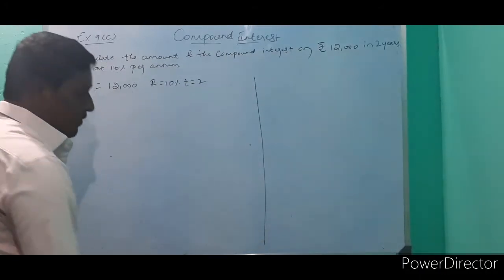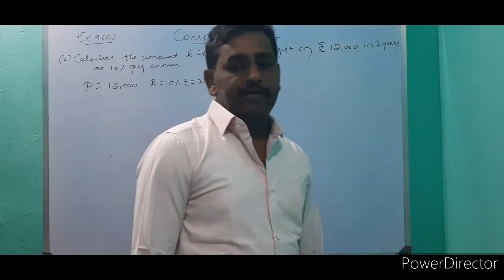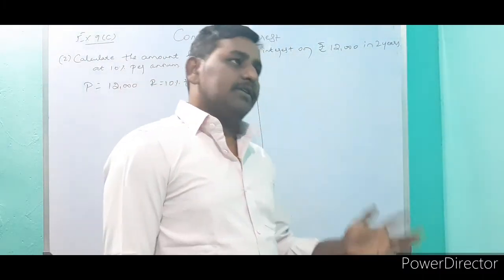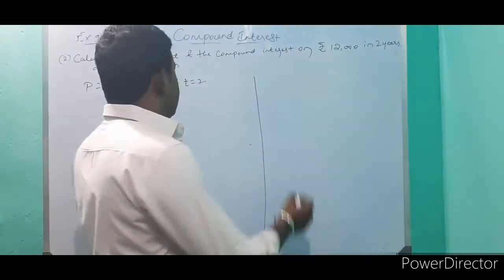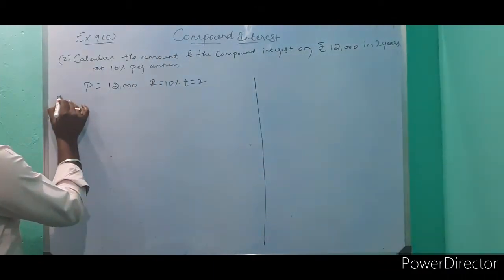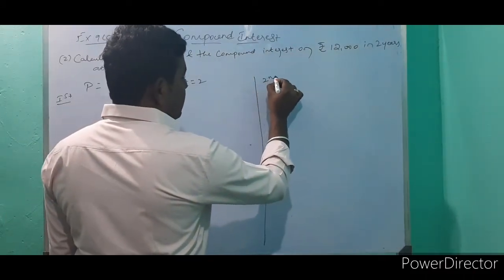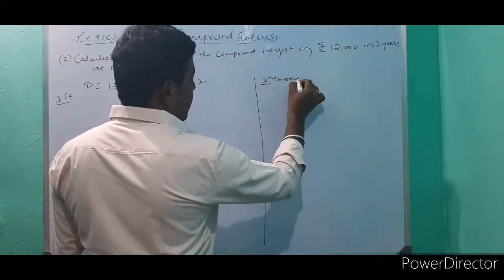For this problem, I am using the direct method without using the direct formula, and using the direct formula I also have two methods. I am considering the first method, direct, without using the direct formula. This is the second method. Okay.